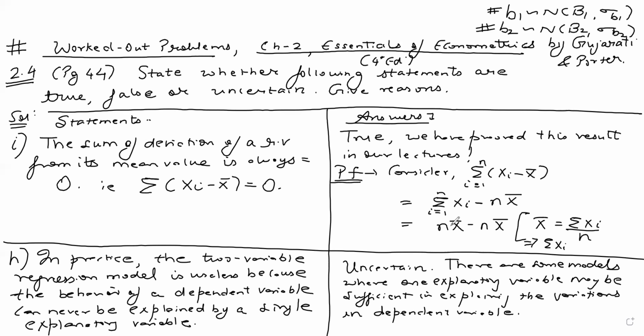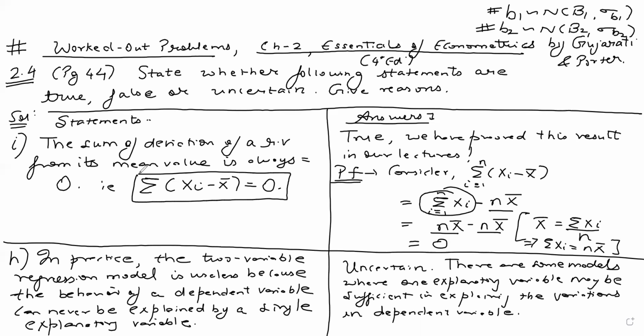So this implies summation xi is n x bar. So n x bar minus n x bar is 0. We have even done this proof in our main lectures, but I've just quickly revised the proof with all students again. The sum of the deviation of a random variable from its mean value will always be equal to 0. So it's a true statement.